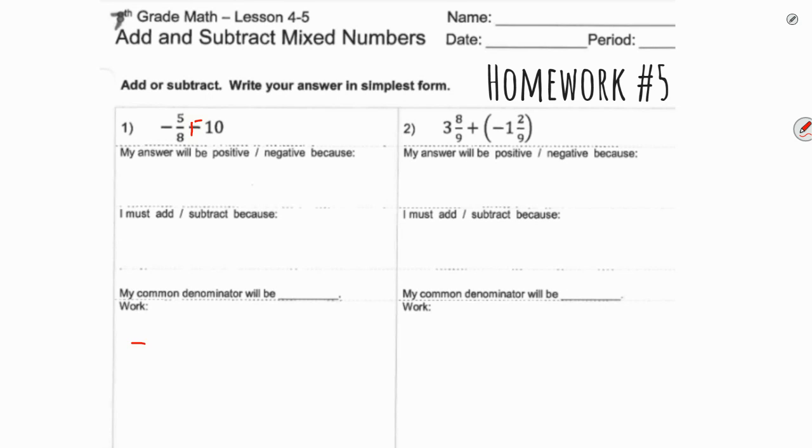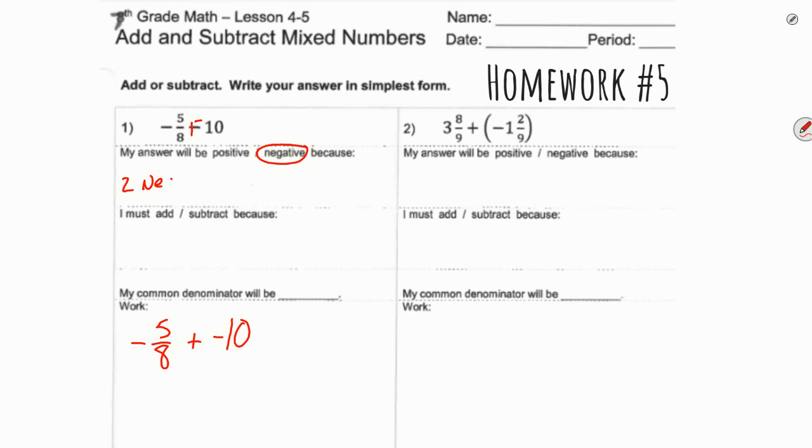So it's really a negative 5/8 plus a negative 10. If we know first what we have, we should be able to answer, is it going to be a positive or negative solution? Well, we want to say it's going to be negative. Why? Because you're adding two negatives. You're decreasing twice. So that's what you would fill in there.